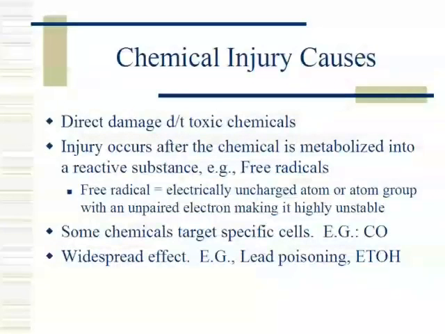Now, a free radical is an electrically uncharged atom or atom group with an unpaired electron, making it very, very highly unstable. Oxygen-free radicals will combine with water to form peroxide. Now, peroxide on the scalp or on our hair makes us nice and blonde or very white. Peroxide circulating on our tissues is not a good thing. Just think about that for a second.